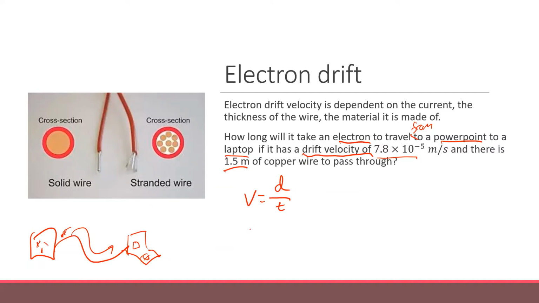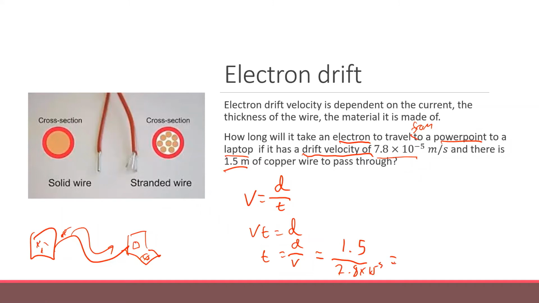So we're going to use velocity times time equals the distance. And time equals the distance divided by the velocity, which is 1.5 divided by 7.8 times 10 to the negative 5, because that's how quickly it's moving.